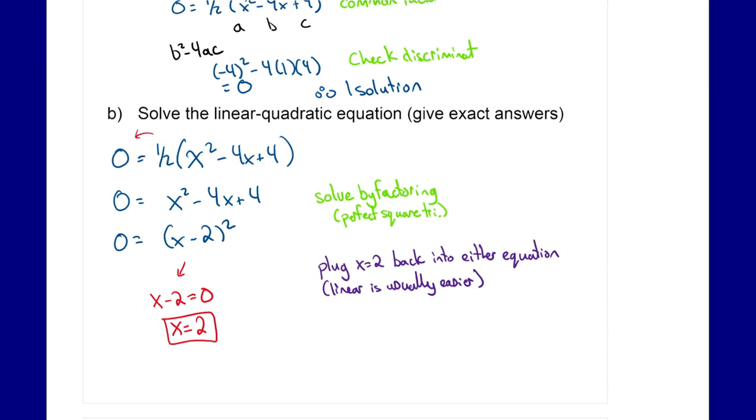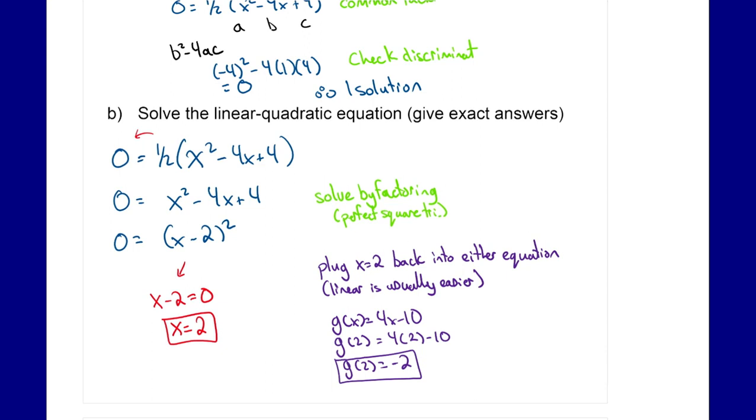All we're really doing is plugging it back in and solving. This would be g of x is equal to 4x minus 10. So we're looking for g of 2 is equal to 4 times 2 minus 10, or g of 2 is equal to 8 minus 10, or negative 2. Another way of saying it is y is equal to negative 2.